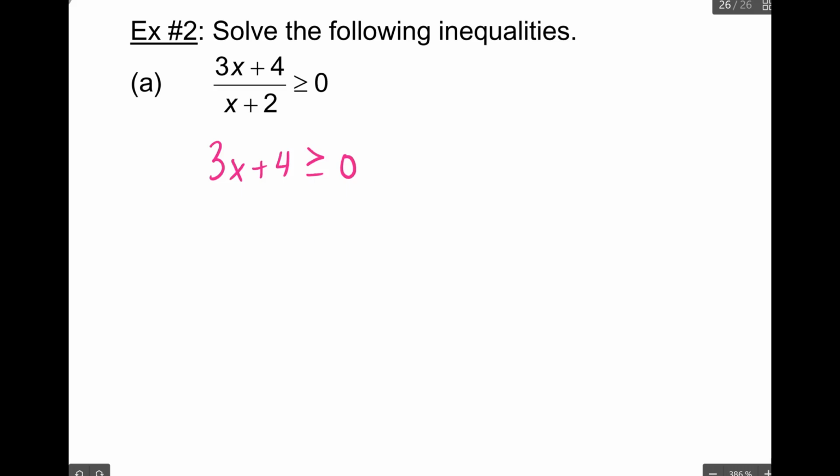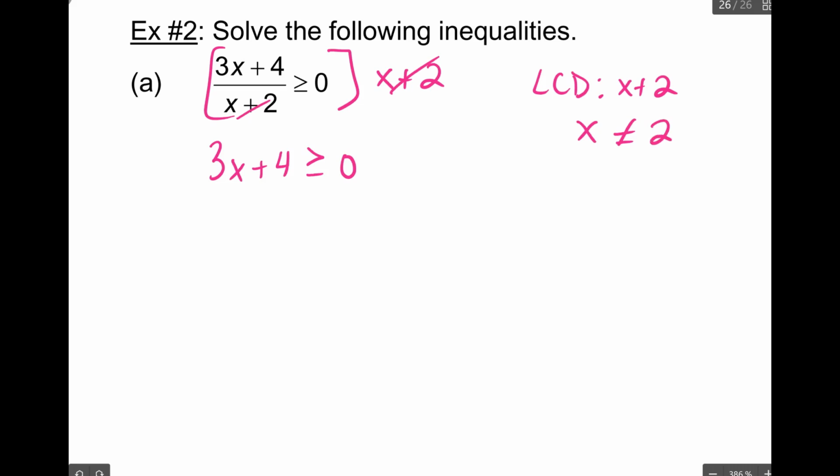If I multiply everything by x plus 2, the x plus 2 on the denominator goes away. Alright, so my least common denominator was x plus 2. But the issue is, this means x cannot equal negative 2.